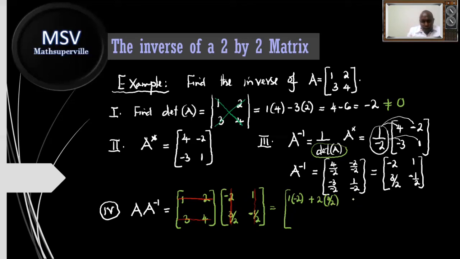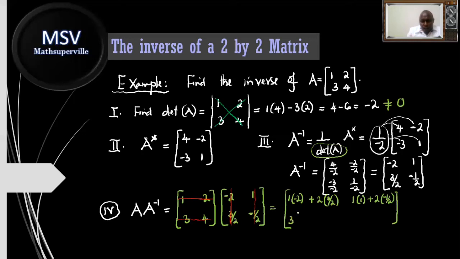The second one is 1 times 1 plus 2 times -1/2. That gives us the second element. So we go to the second row, first column.